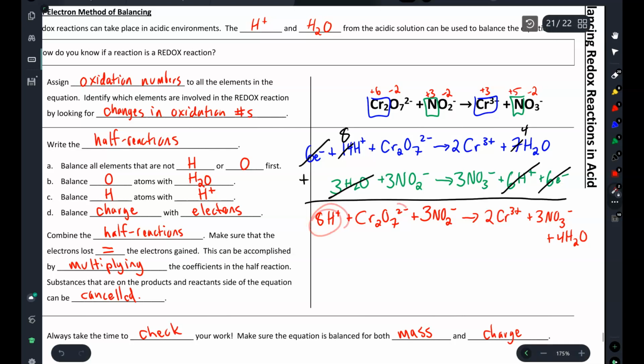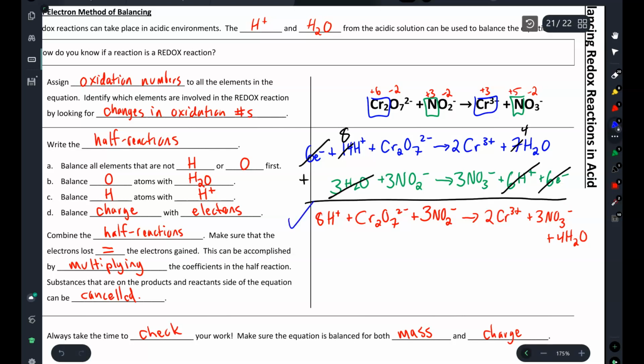Positive 8 minus 2, so that's a positive 6. Plus 3 times minus 1, so 6 minus 3, that gives me positive 3. Cr3 plus, I've got 2 of those, so plus 6, plus 3 minus, that also gives me plus 3. So as far as I can tell, we are balanced for mass and for charge.